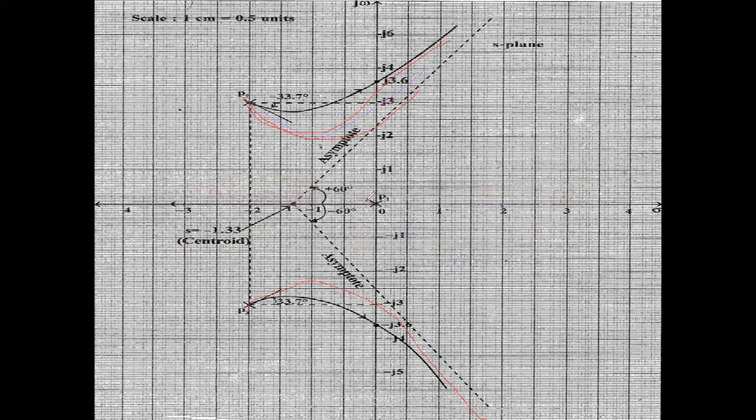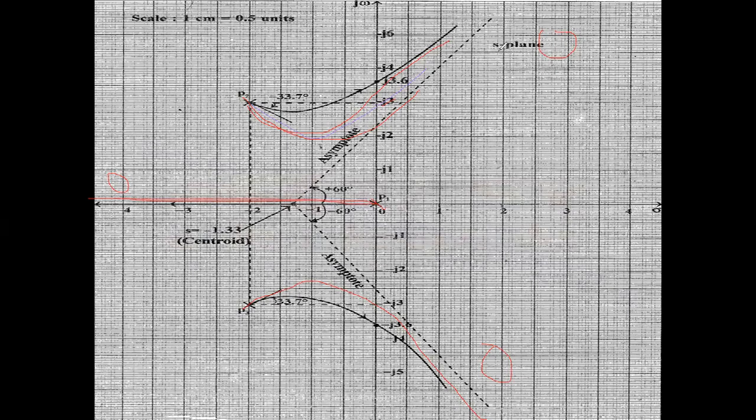The third root locus branch moves parallel to the negative real axis, because the zero is at infinity. The starting point is this root locus branch, and it moves along this straight line. This completes the final root locus.